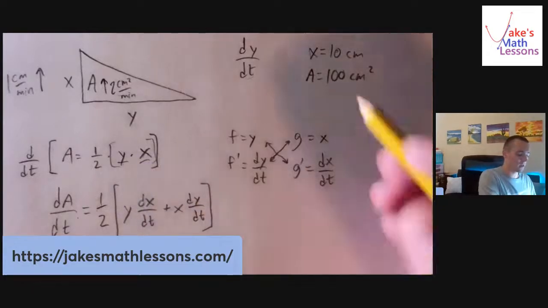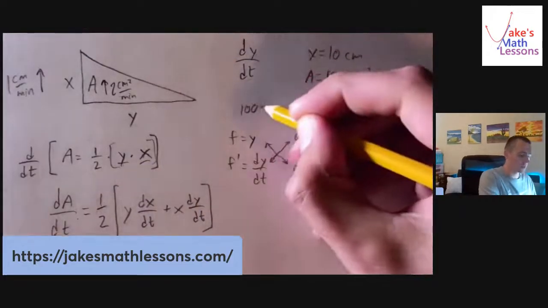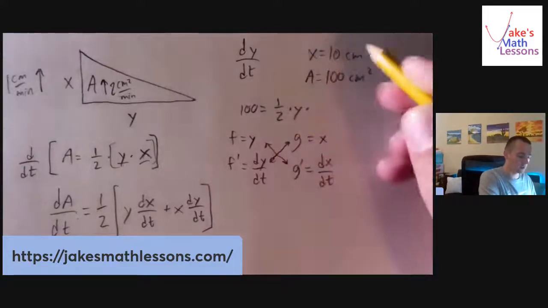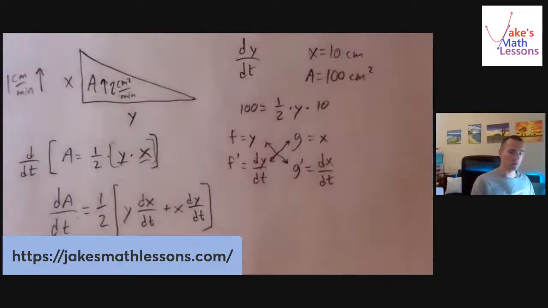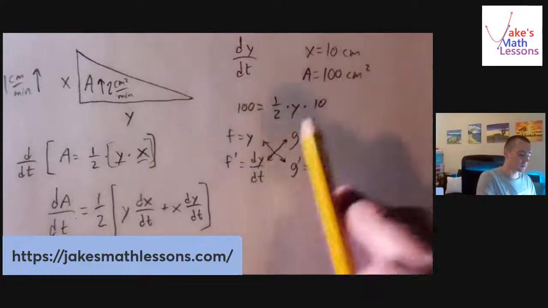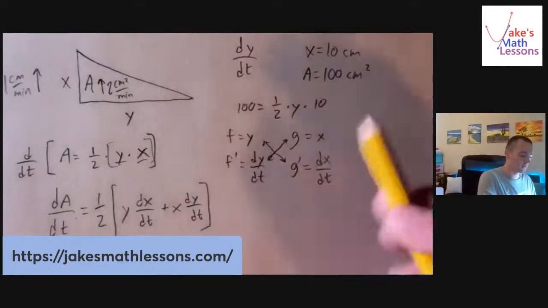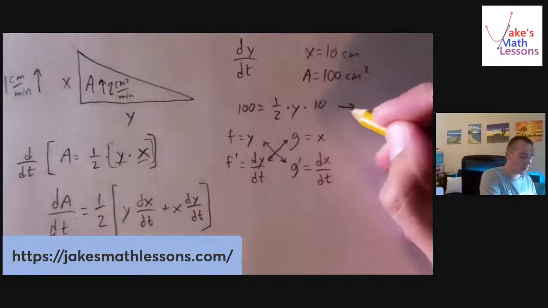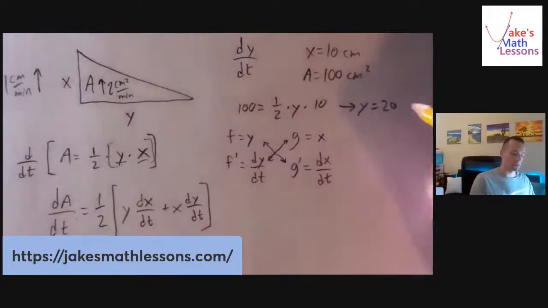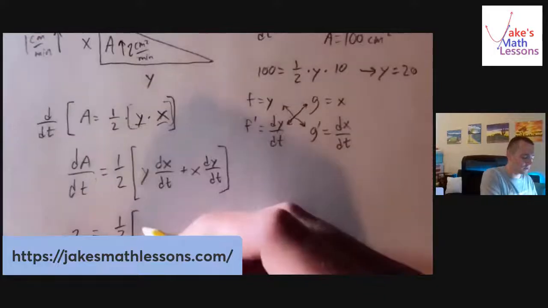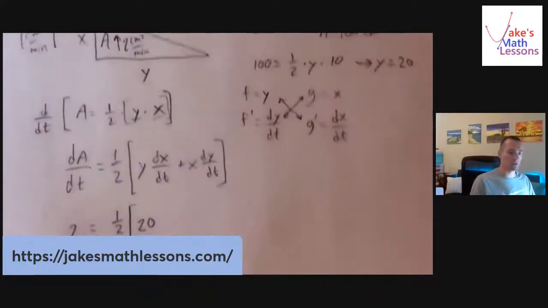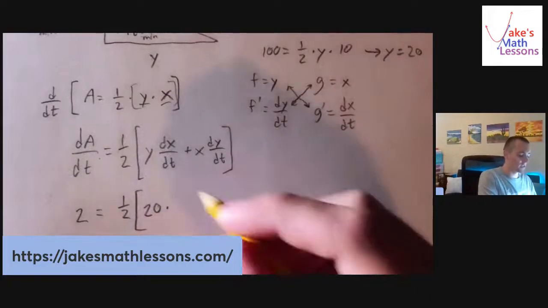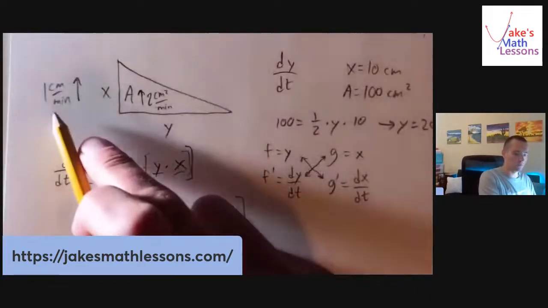So 100 is 1/2 times y times 10. We can set up this relationship and solve for y. 1/2 times 10 is 5. If we divide both sides by 5, that gives us y equals 20. So we actually do know y, even though it wasn't given; we were given the information we need to figure out what y is. Okay, and then dx dt, like I said, is just 1.